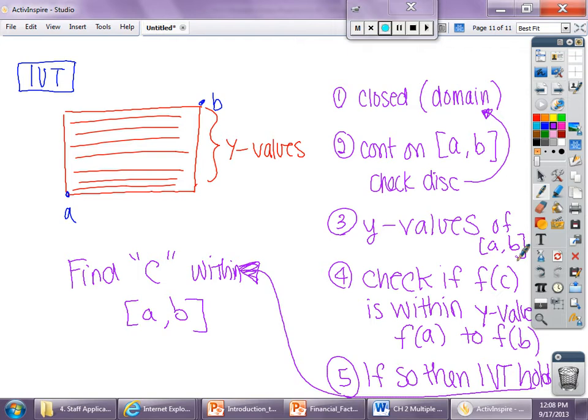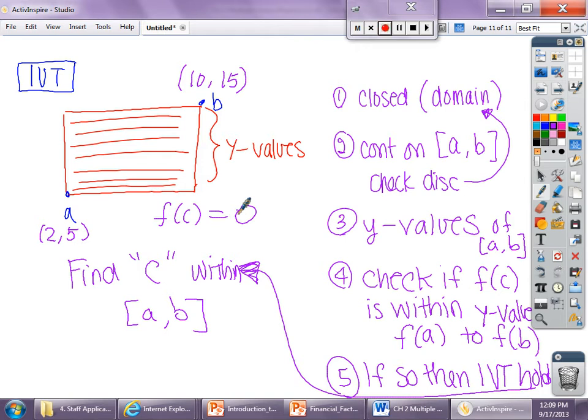And then, when I check, I have to make sure the one that they're asking me about is within there. Let's say the points are at 2, 5, and the next point is at 10, 15, and they say, guarantee me f of c is equal to 0. Guarantee me that there's zeros. Will that be in that red box of y values?